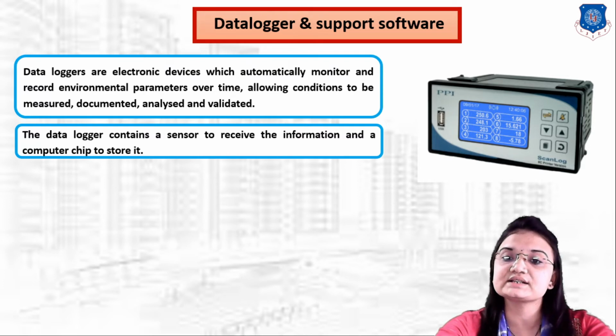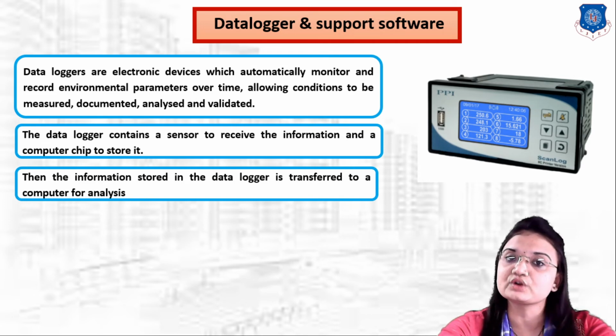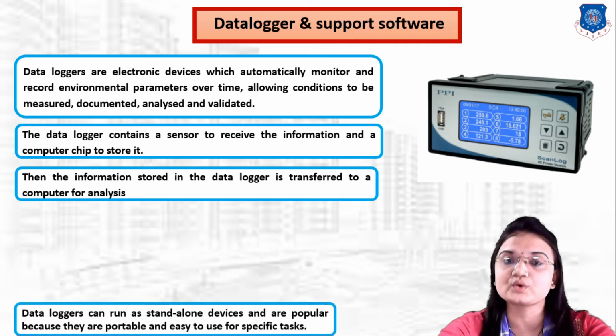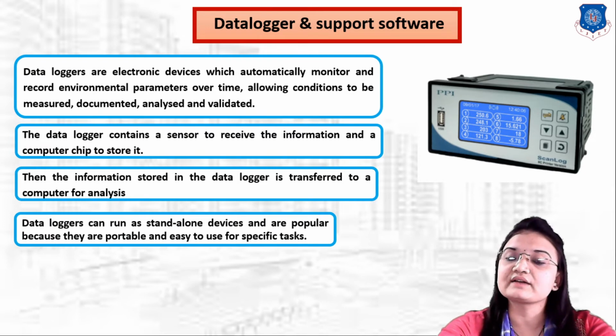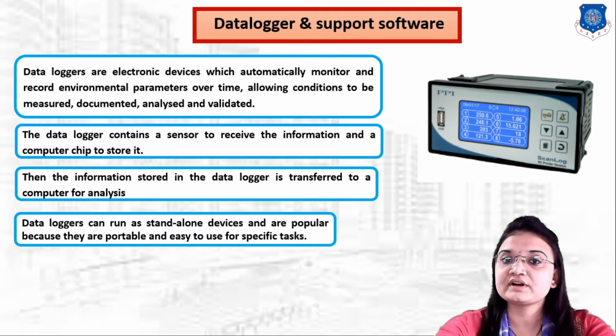You can clearly see in this figure. The information stored in the data logger is transferred to the computer for analysis. Data loggers can run as stand-alone devices and are popular because they are portable and easy to use for specific tasks. So the main advantage of a data logger is that it is portable.